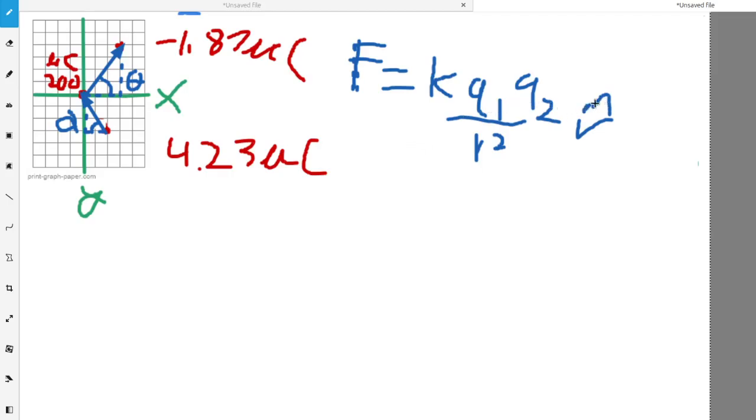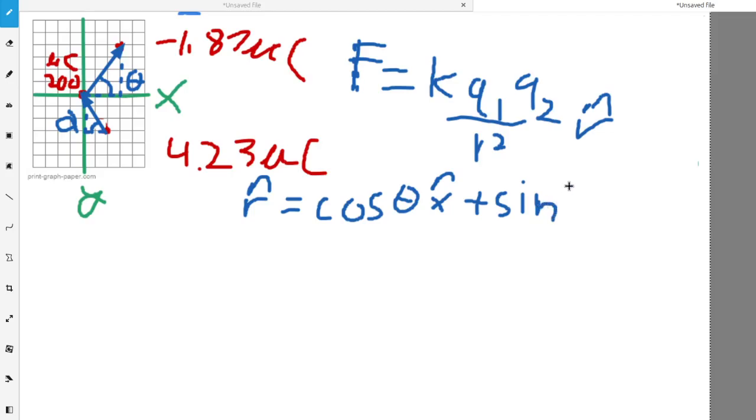So for the negative 1.87 charge, it's going to be cosine alpha, or cosine theta, x hat plus sine theta y hat.